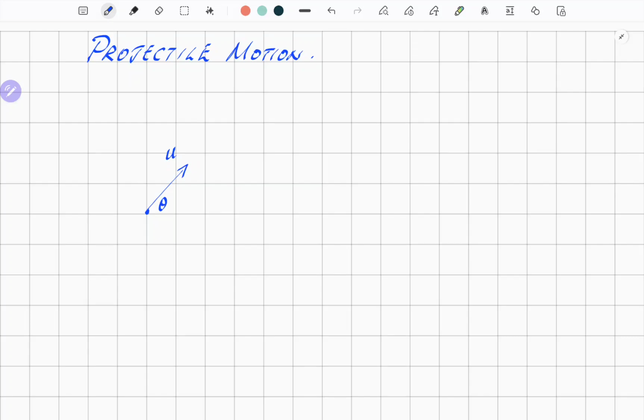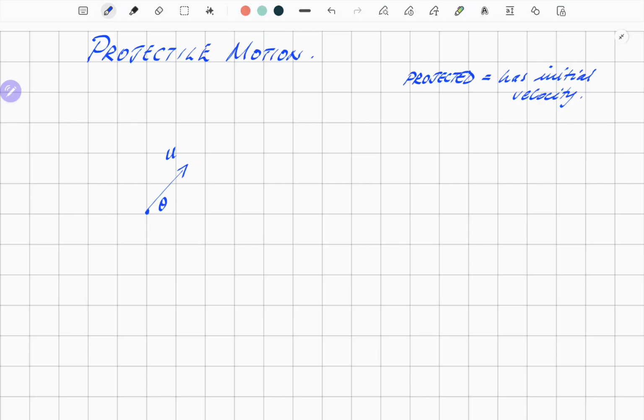The word projected means that it has initial velocity. It's not from rest. So I'll put that here as a note. Projected means has initial velocity.